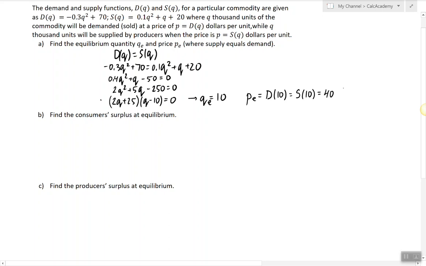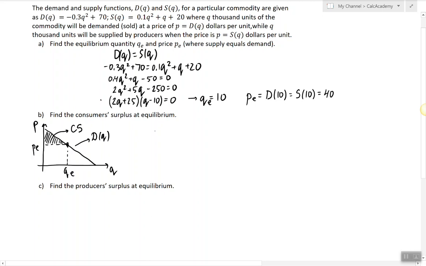So to find the consumer surplus at equilibrium means we're looking at the graph of the demand function. So this is our QE, PE, and consumer surplus is defined by this area.